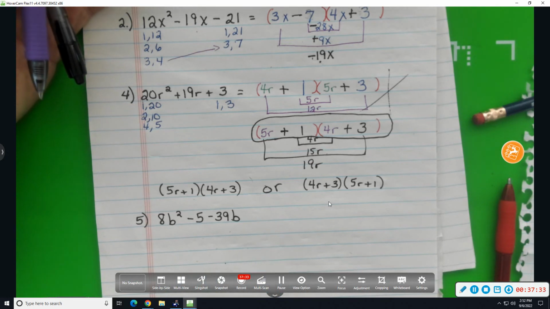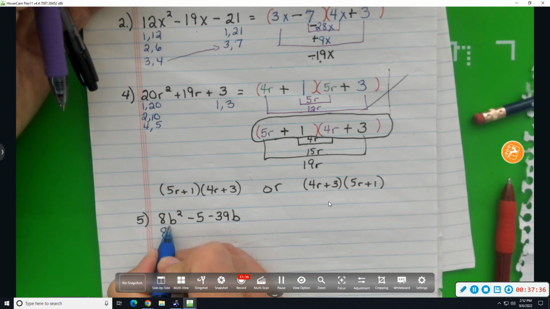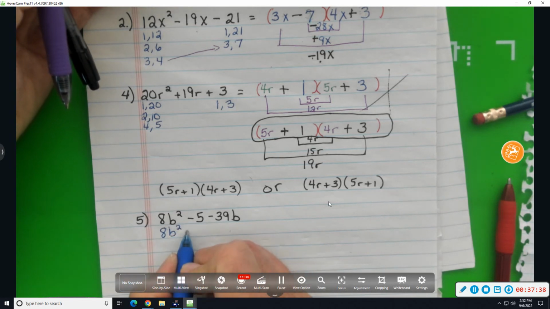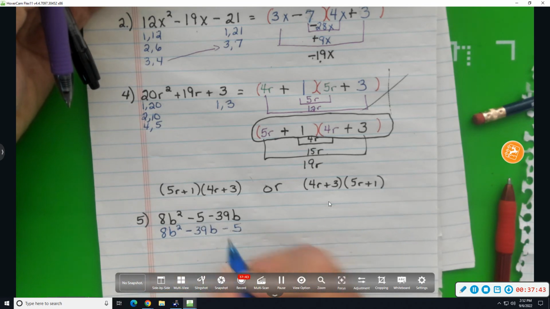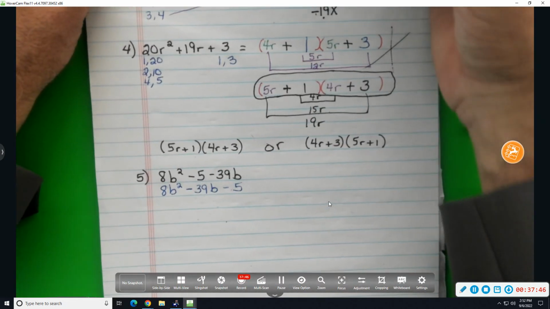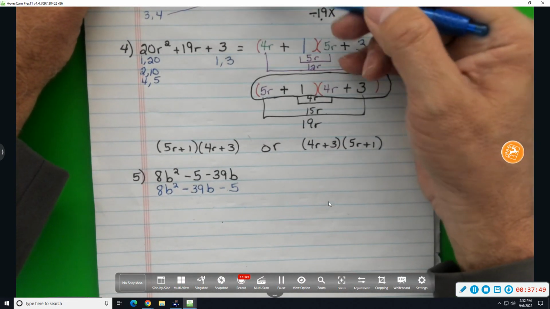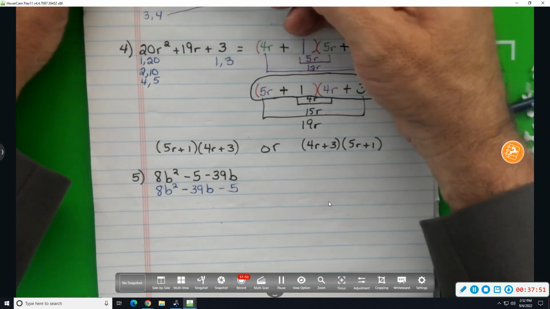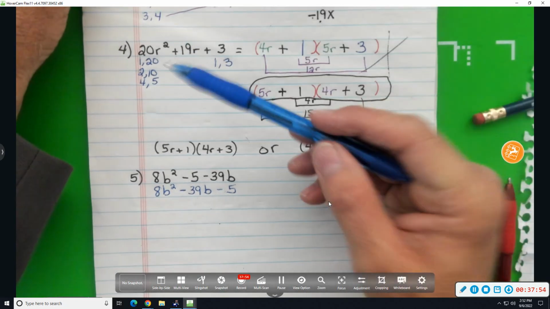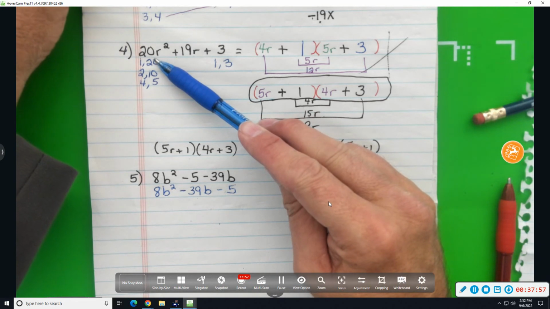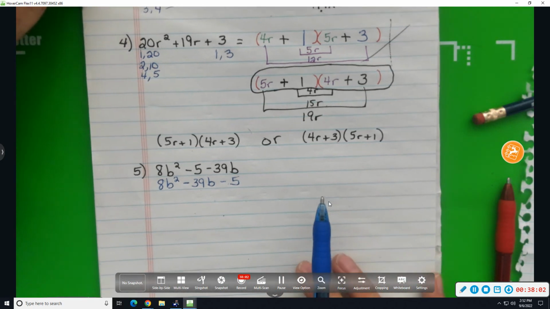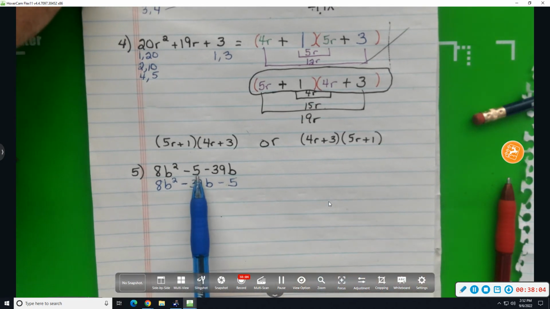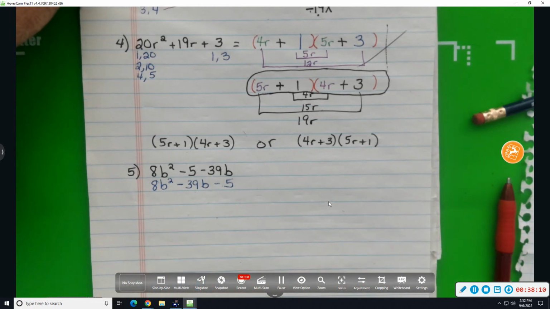We better rewrite this problem as 8b squared, then the minus 39b, and then the minus 5. So the constant, the number that doesn't have a variable, should be last, and the squared term should be first. So that's why I rewrote this problem. That's why I said there was something about it I didn't like, the way that minus 5 isn't written as the last one. Any questions on how I rewrote that?